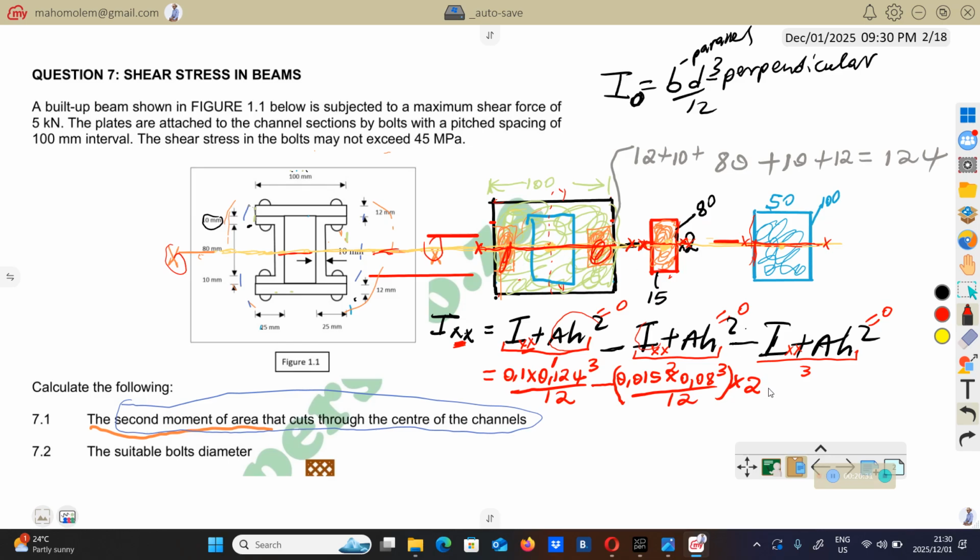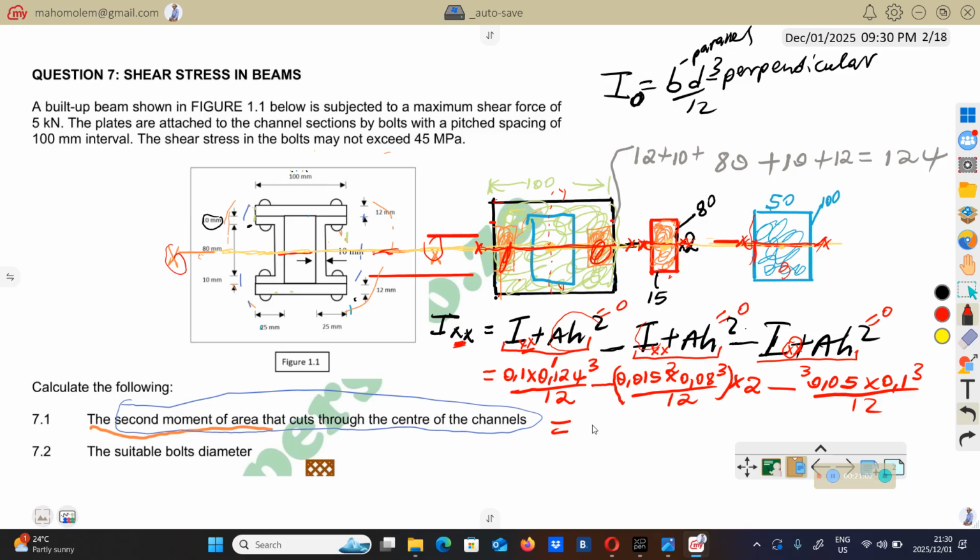Then from there you go to this one here. The parallel side to this x-x is going to be 50. So you will have 0.05 multiplied by 0.1 to the power 3 over 12.